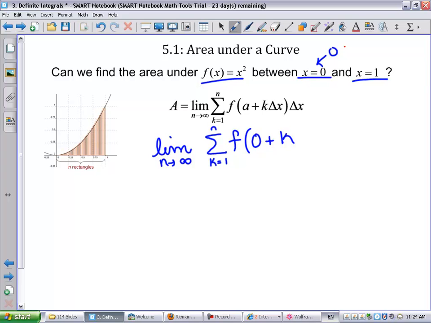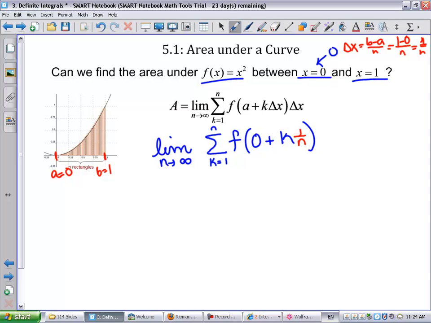So how do we find delta x? It's b minus a over n. So it's 1 minus 0 over n, or 1 over n, because a is always the left endpoint, so in this case it's 0. B is always the right endpoint, so in this case it's 1. So we get 1 over n as delta x.